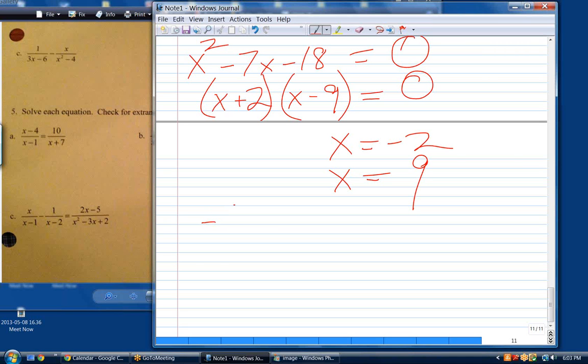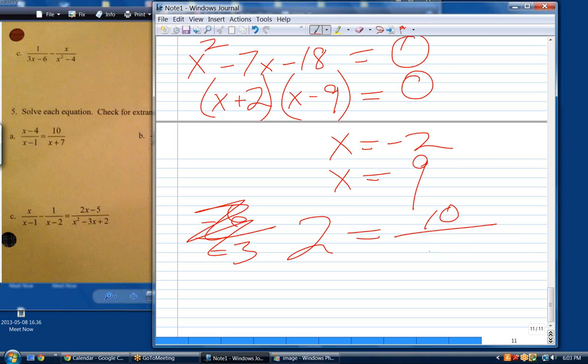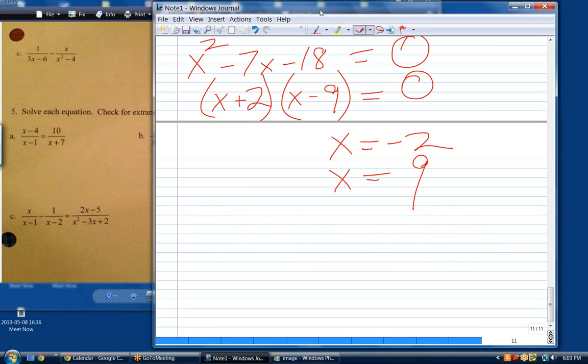Negative 6. What's minus 2 minus 1? This would be 2. Okay, so that's 2. Is that equal to 10 over negative 2 plus 7? Yes, it is. So negative 2 works. How about 9?